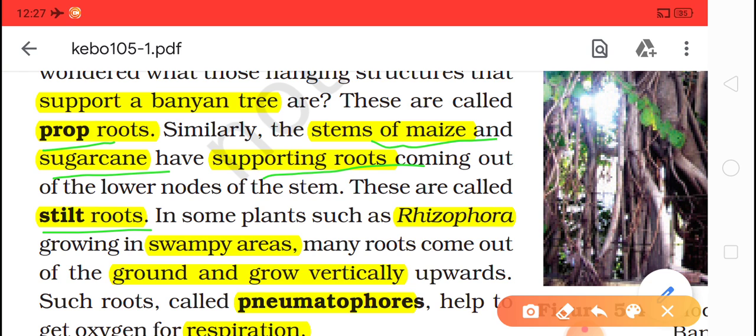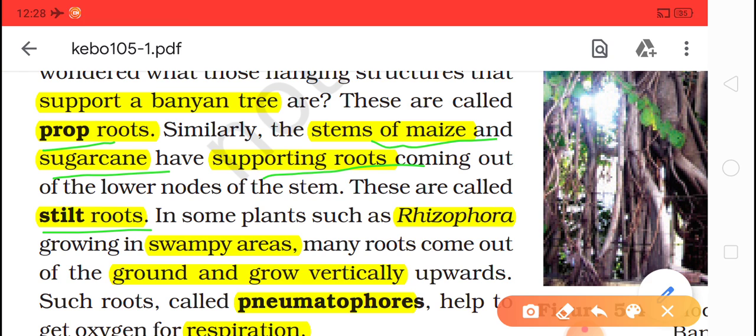The stilt roots are also modified in a thread-like structure, and they also provide support to the plant. Prop root is basically for banyan tree and stilt root for sugarcane.